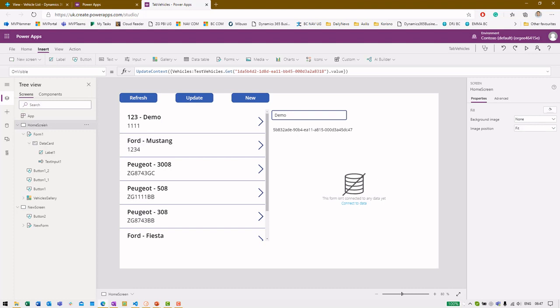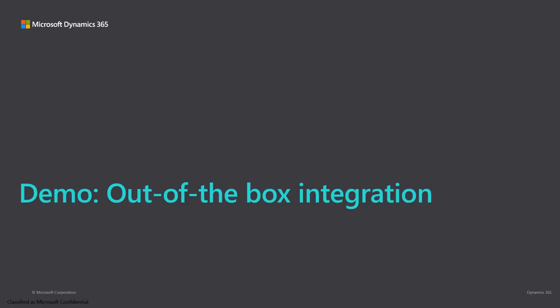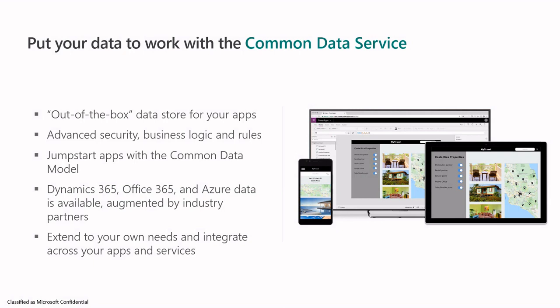So let's now continue to our presentation and speak about Common Data Service. Regardless of the type of application, you have the option of using the Common Data Service. And Common Data Service is an out-of-the-box database for your applications.